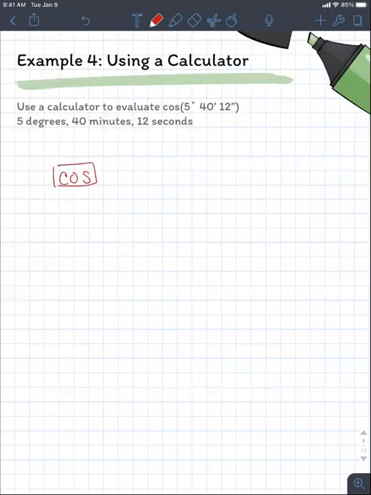Then we're going to press 5. Then we're going to press, where's the degree button? I lost it from last time. I just did this earlier because I needed to make sure I know where the degree button is. Now I don't remember where it is.